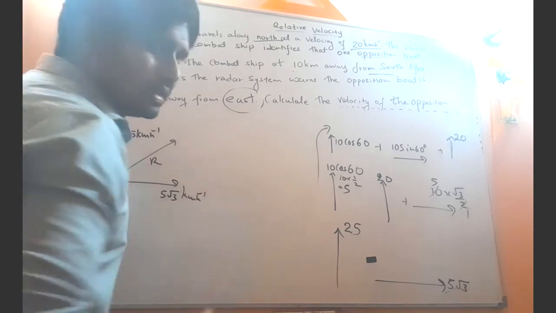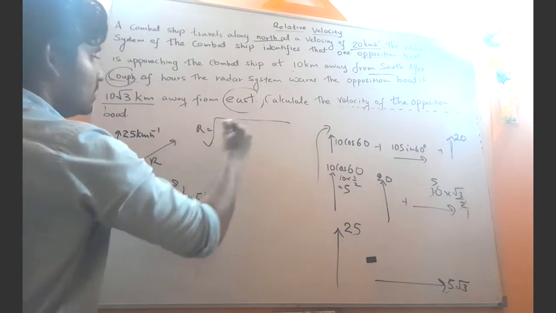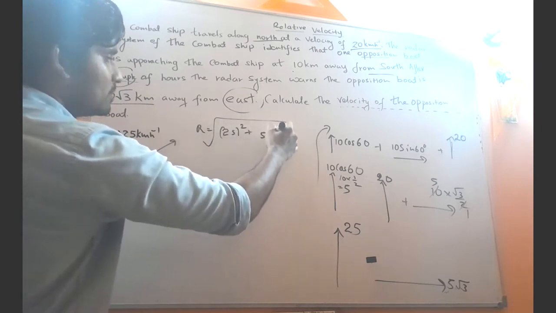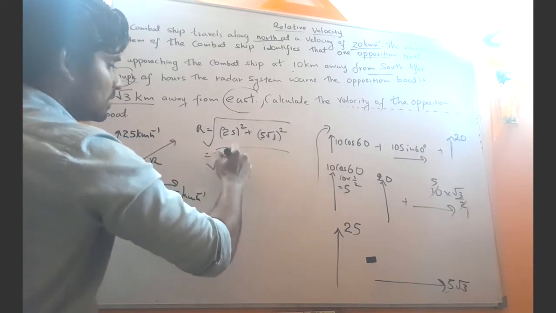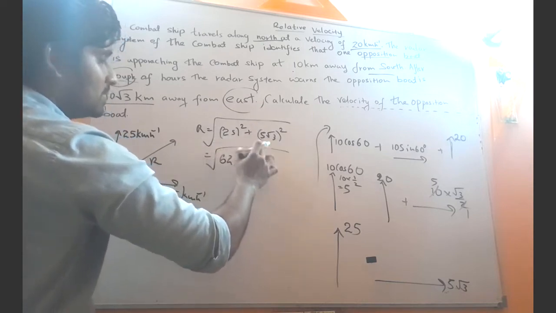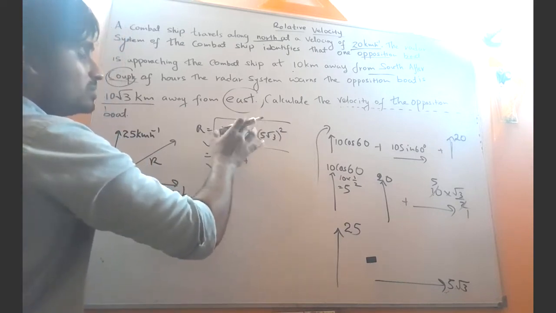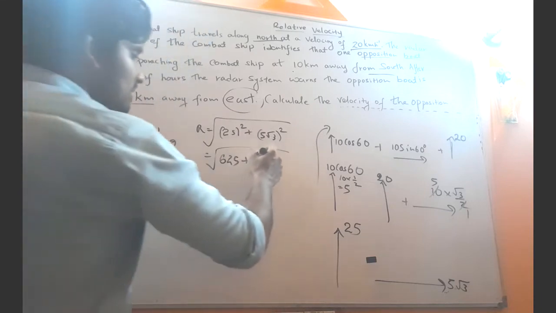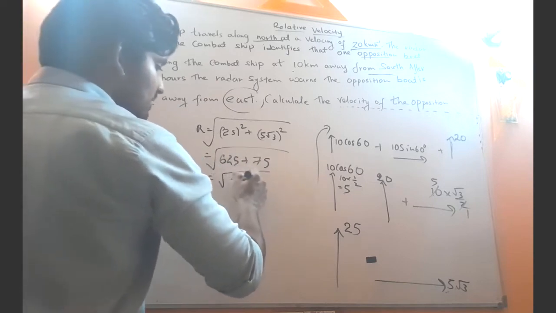So you know how to calculate R. R equals square root of 25 whole squared plus 5 root 3 whole squared. 25 squared is 625, plus 5 squared is 25, into root 3 squared. Root 3 squared is 3, so 25 into 3 is 75. 625 plus 75 is 700.